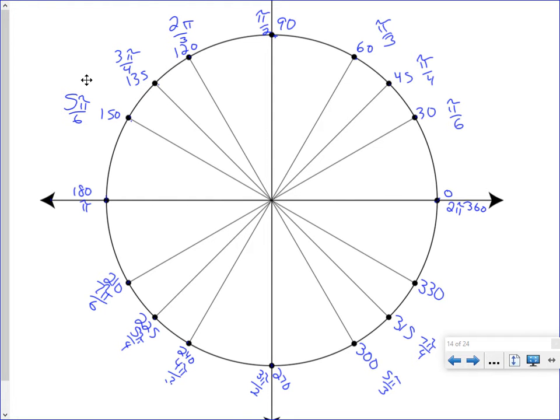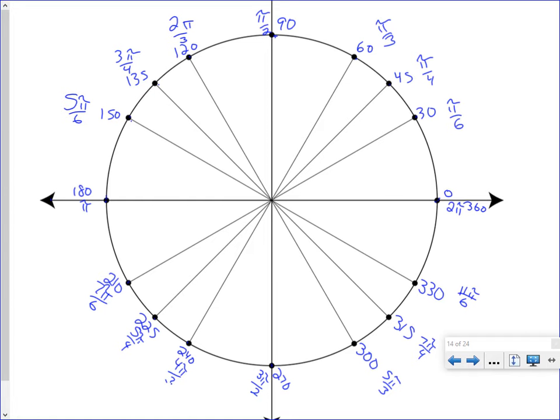And then after 10 pi over 6 comes 11 pi over 6, because at 2 pi would be 12 pi over 6. What you're doing here is you're counting by the fractional amount every time. Okay?